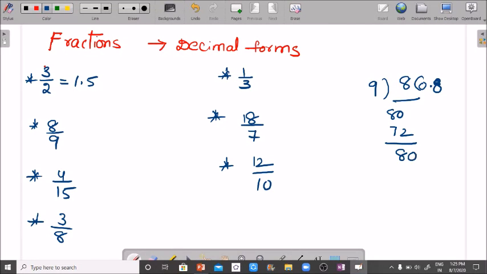Again take 0. 9 eights are 72, again remaining 8. The process goes on and 8 keeps coming continuously. So 8/9 in decimal form is 0.888 and so on.